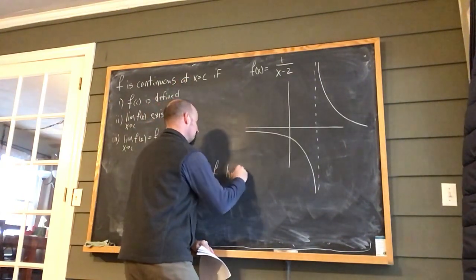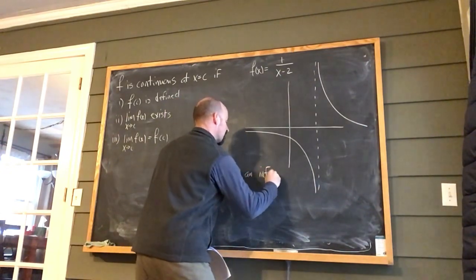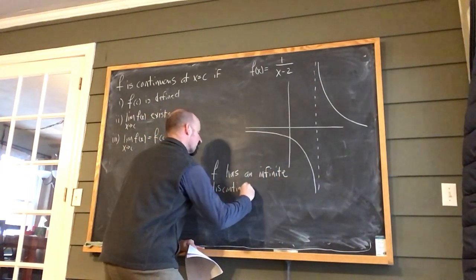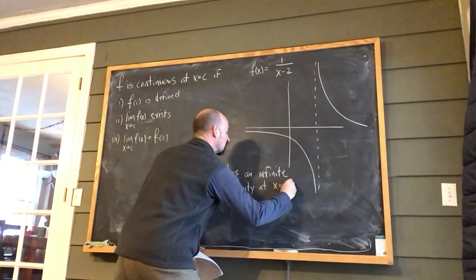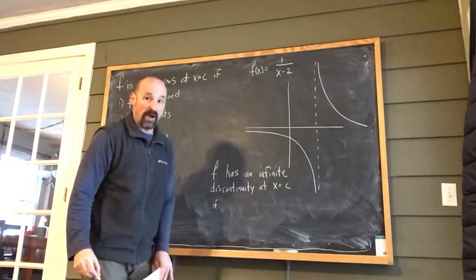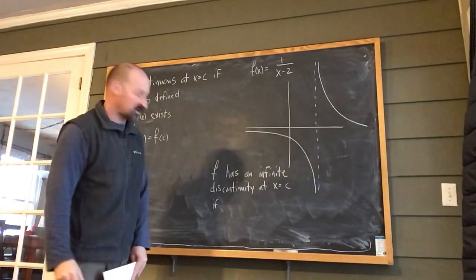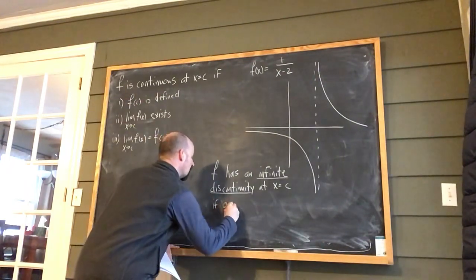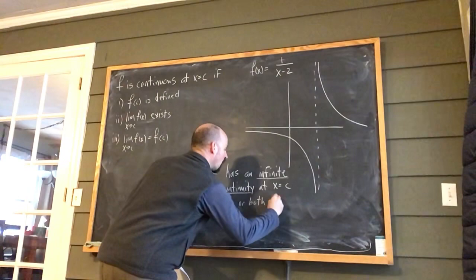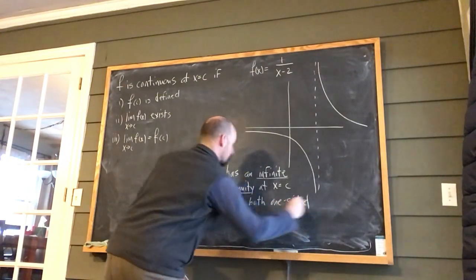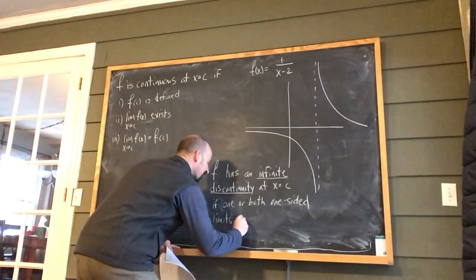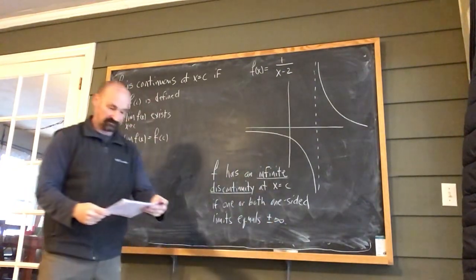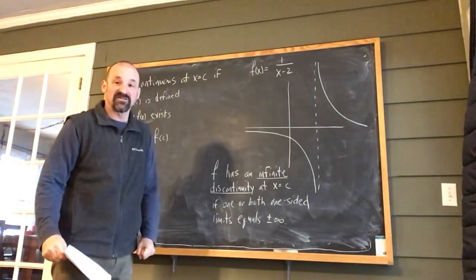F has an infinite discontinuity at x equals c if one or both of the one-sided limits equals plus or minus infinity. Okay, so this function has an infinite discontinuity at x equal 2.